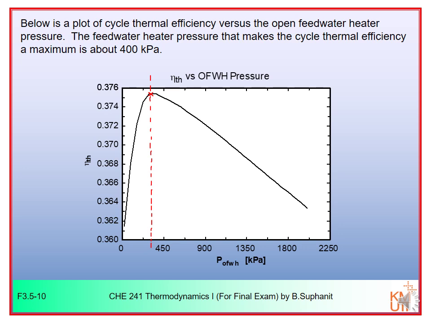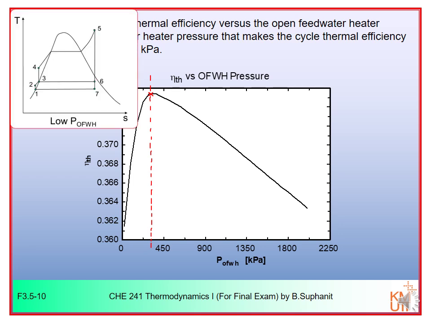But why does the curve look like this? Why do we have an increase in the thermal efficiency at the beginning, and then a decrease in the thermal efficiency later on after we increase from 400 kilopascal further? I will explain the reason using the same graph again.